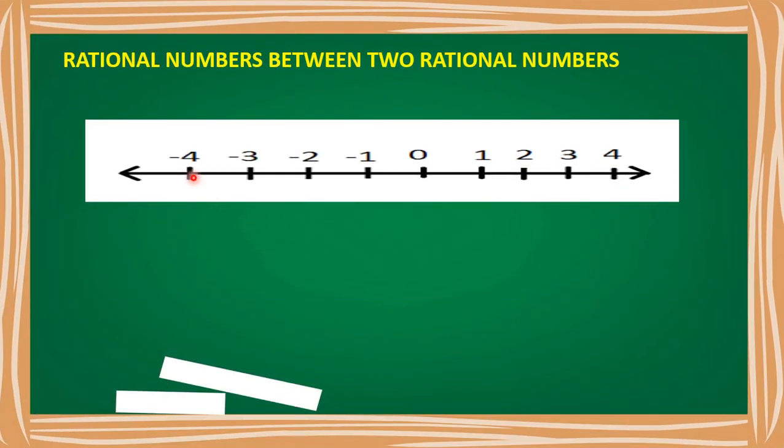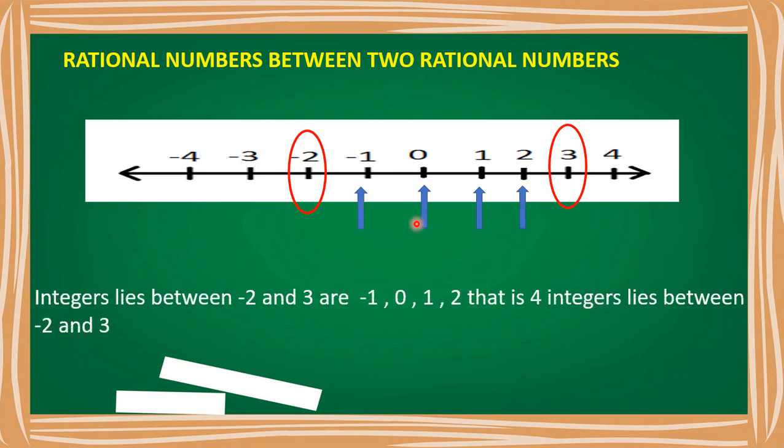If we are given integers and it is asking to find the integers between -2 and 3, we can say -1, 0, 1 and 2. These are the four integers that lie between -2 and 3.